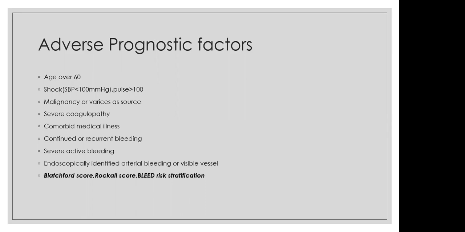There are some adverse prognostic factors that have been described. These are based on information that I received about the different risk scoring systems that are used for patients with upper GI bleeding, as mentioned below in bold.